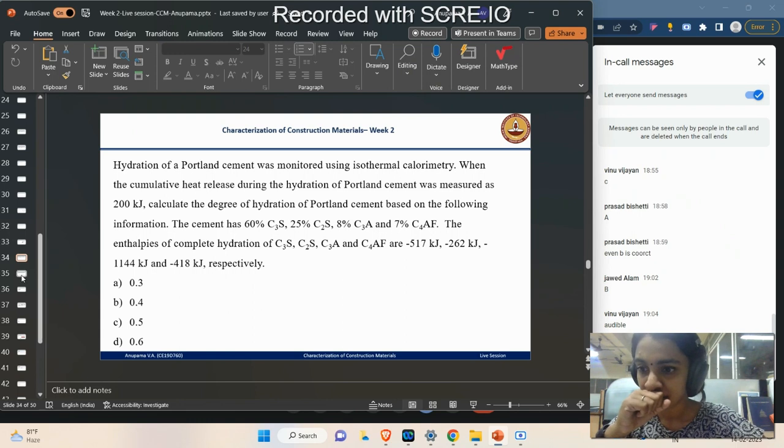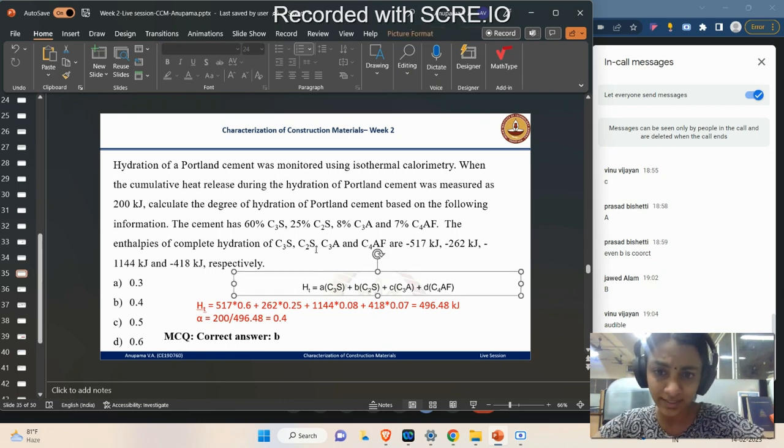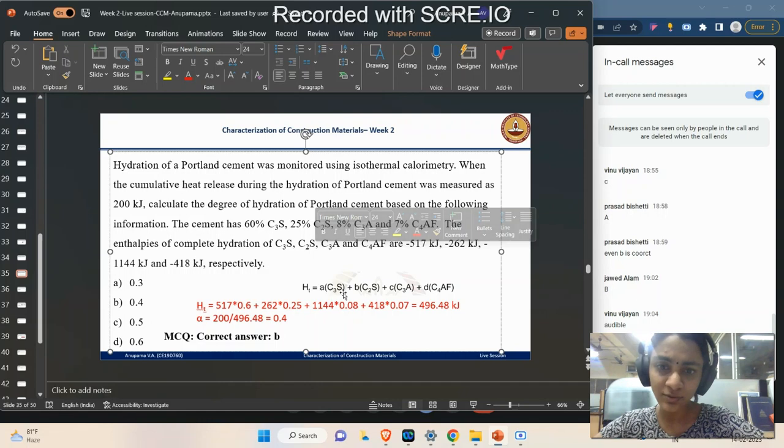Okay, so let's move to the correct answer. This is a snippet from the slide itself. The total heat release is A into C3S plus B into C2S, plus C into C3A, plus D into C4AF.